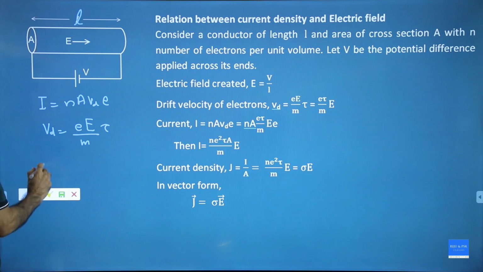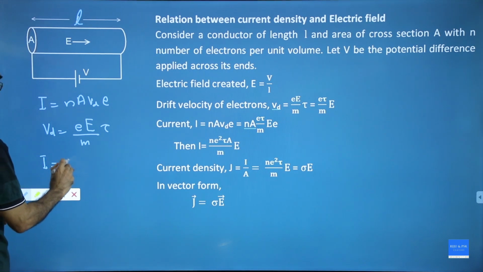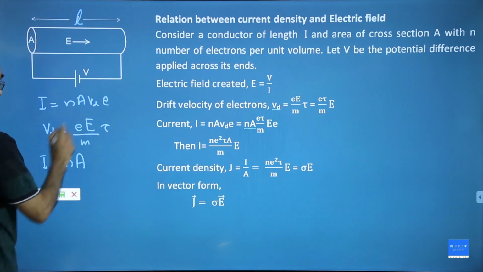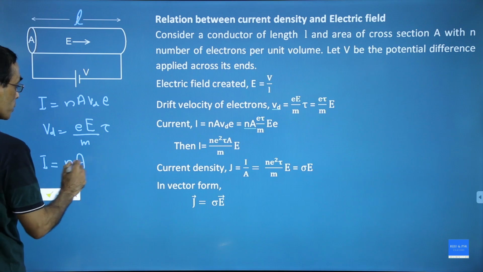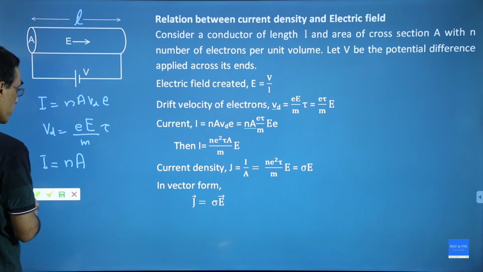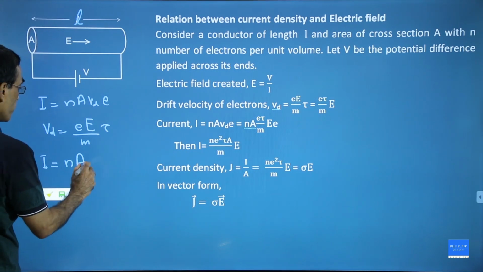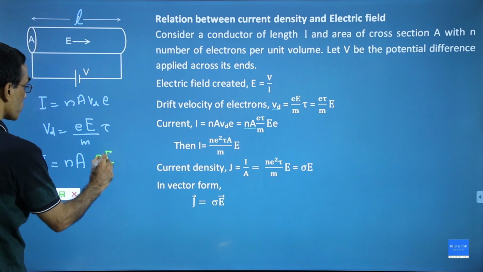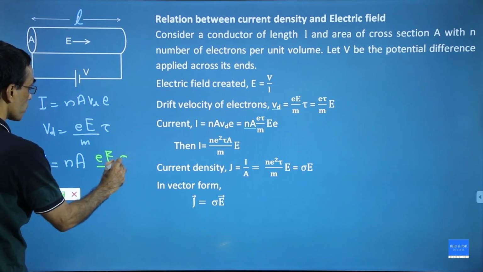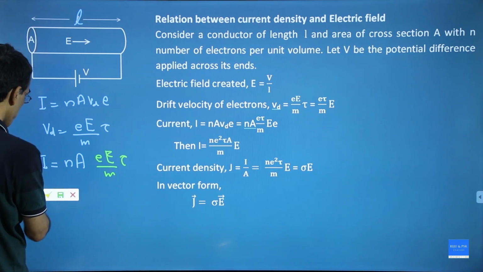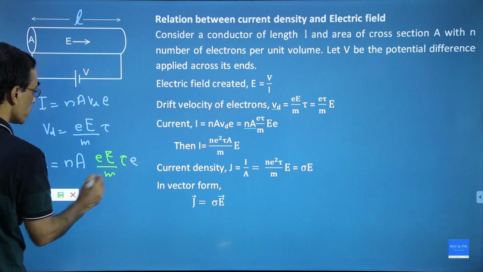Then we will substitute back in I, so I equals n A times v_d, and substituting eEτ by m, again you have e.